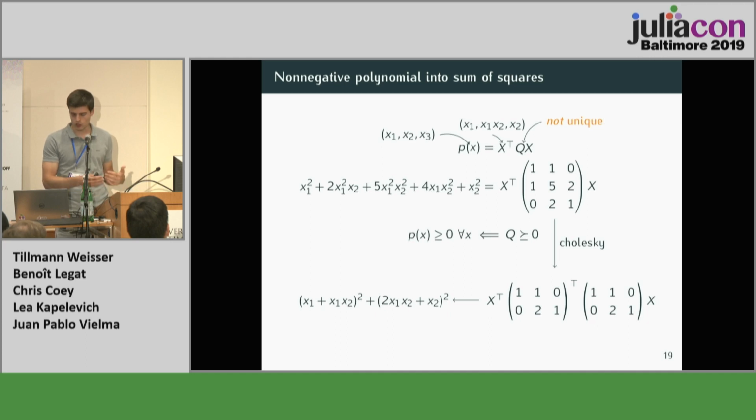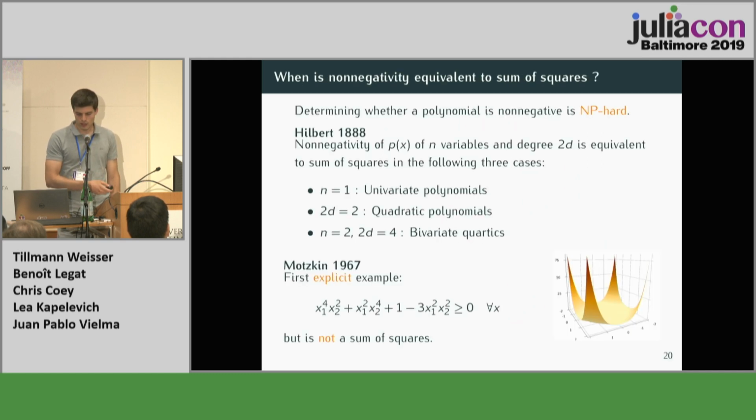So you see that this is a sufficient condition. If you find this Q matrix positive semi-definite, you know that the polynomial is non-negative, but this is not if and only if. Hilbert proved that there are only three cases where it's if and only if: univariate polynomials, quadratic polynomials, and bivariate quartic polynomials. There, a positive semi-definite Q matrix exists if and only if the polynomial is non-negative everywhere.